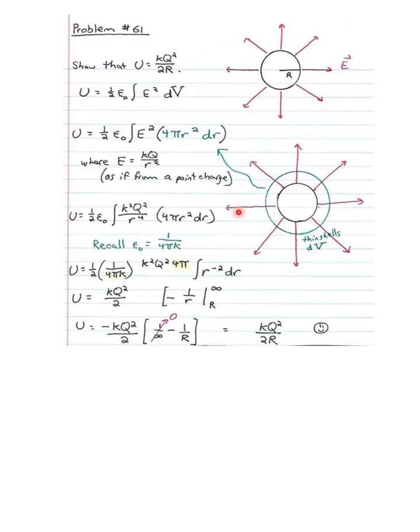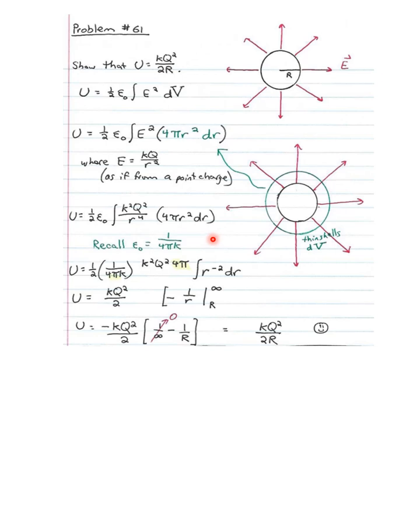It's unnecessary to use both epsilon naught and k. We're going to use one or the other. And while epsilon naught is the preferred variable, you notice that the question says to show that energy is something related to k. So we're going to get rid of epsilon naught and put it in terms of k.